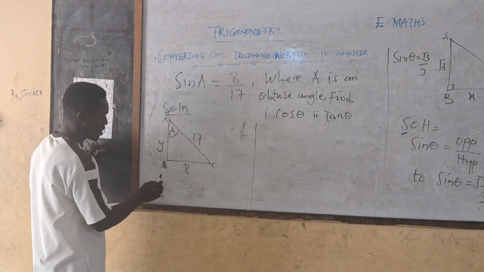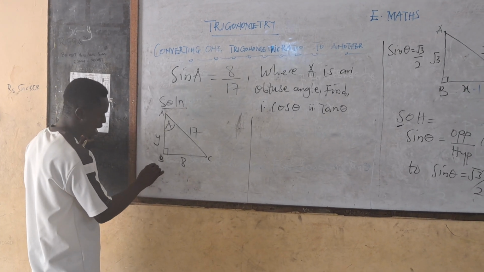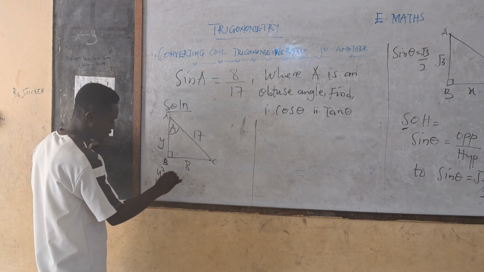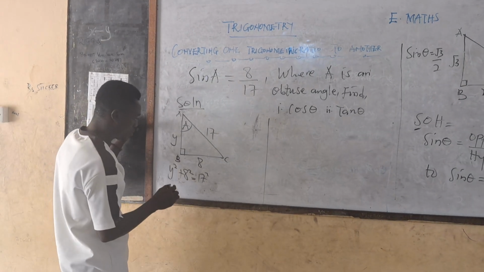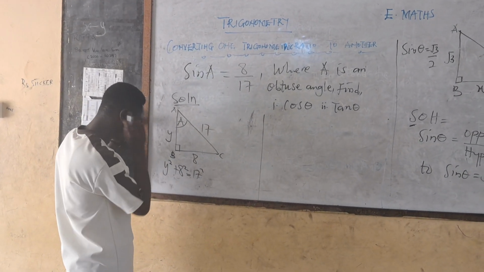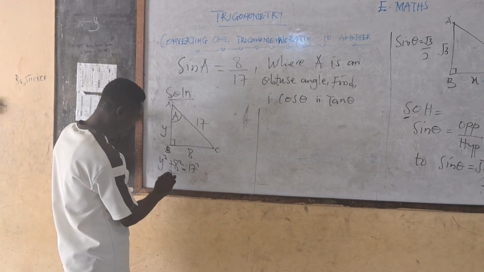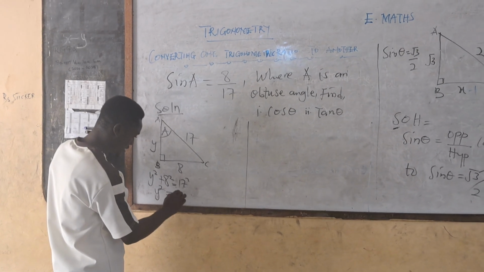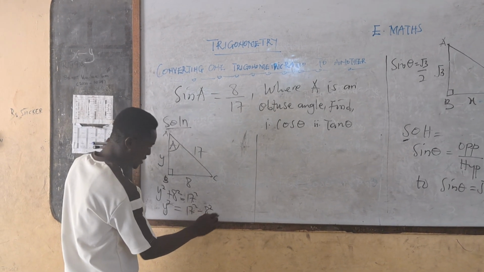By applying the Pythagoras theorem, y squared plus 8 squared equals 17 squared. To make y squared the subject, we have y squared equal to 17 squared minus 8 squared.